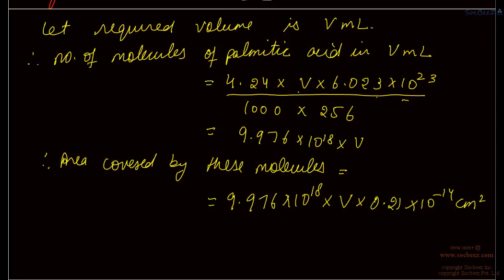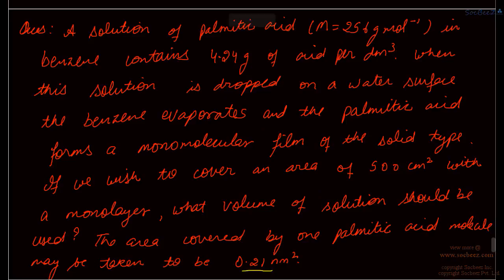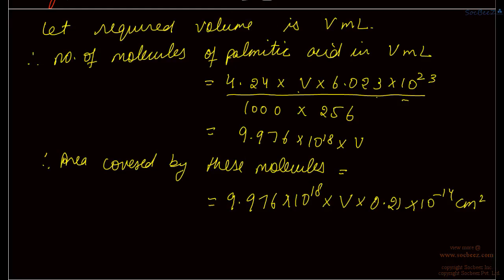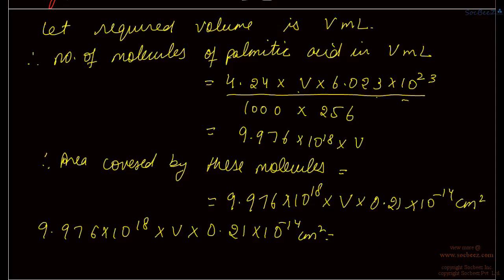And now this area is equal to 500 centimeter square. This is given in the question. So equating this to 500, 9.976 into 10 raised to the power 18 into V into 0.21 into 10 raised to the power minus 14 centimeter squared equals 500 centimeter squared.